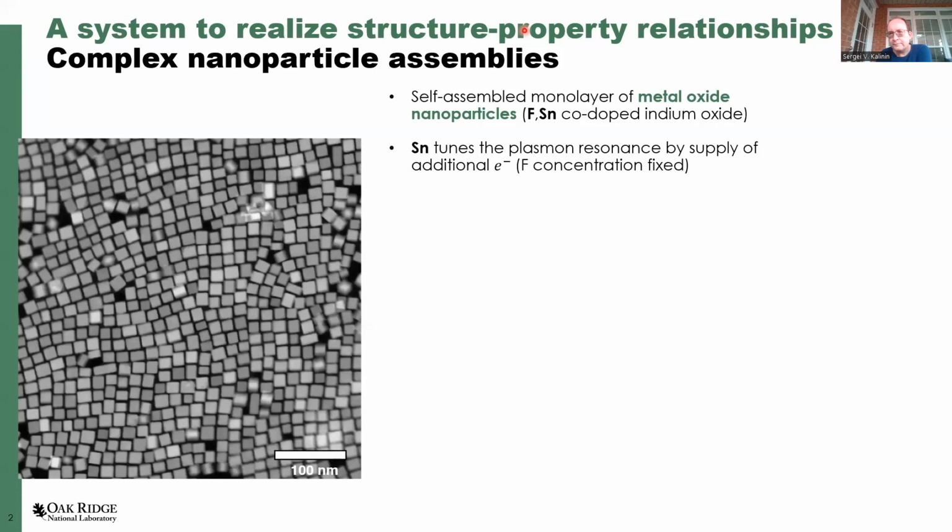I'll be using a co-doped indium oxide nanoparticle with tin and fluorine. It's not so important, but what is important is that the tin can tune the plasmon resonance by supplying an additional electron, and it also tunes the geometry.